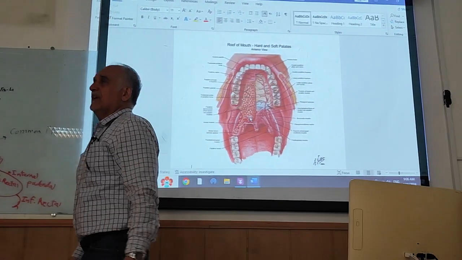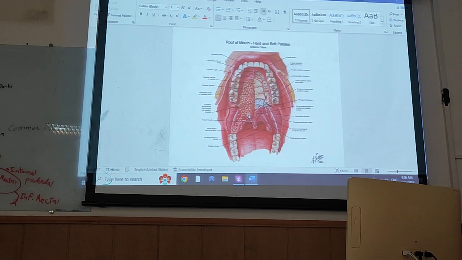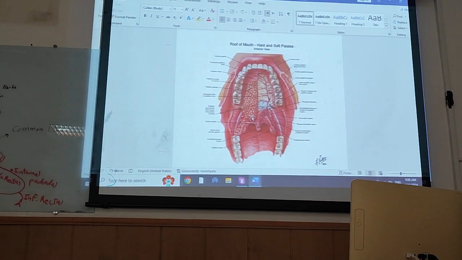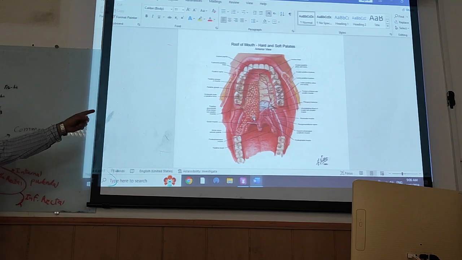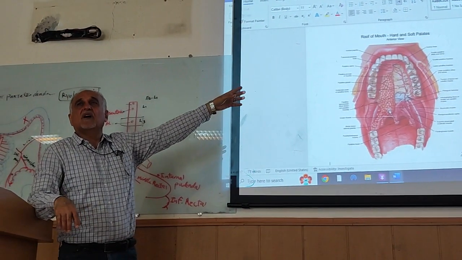When we remove the mucosa of the upper part of our oral cavity, you can see the palatine nerve and palatine arteries that are going to supply all parts of the upper jaw.